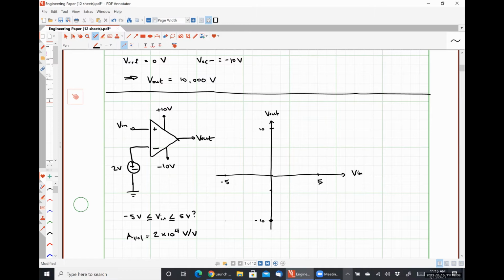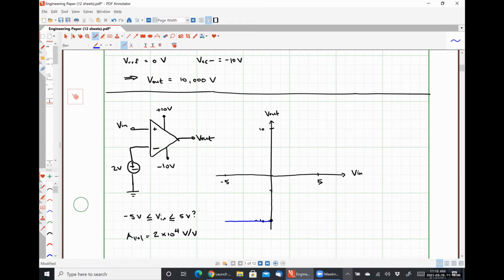So we can see our output voltage will saturate at VCC minus for all negative values of Vn for sure.